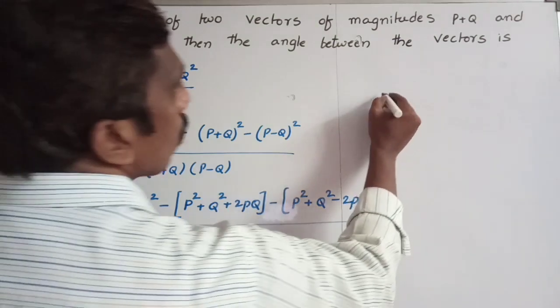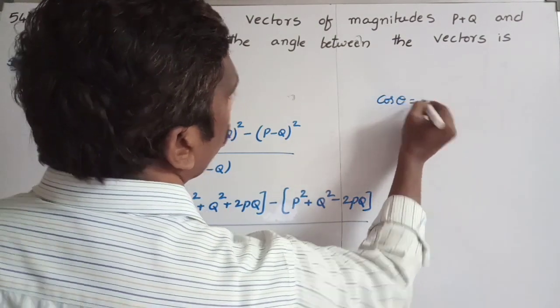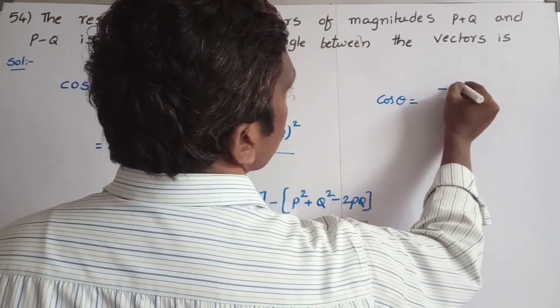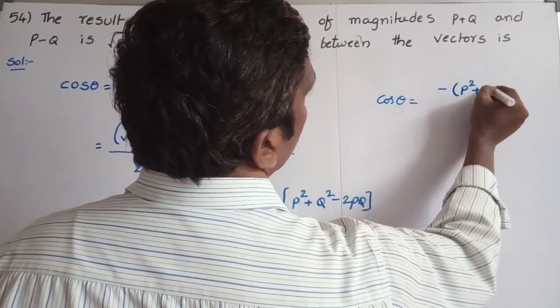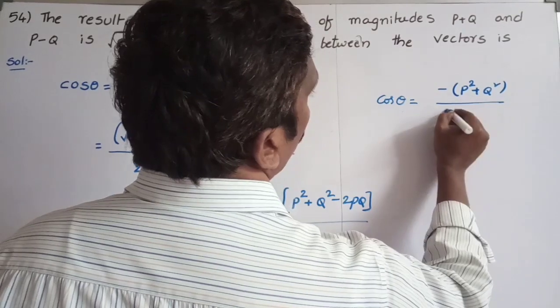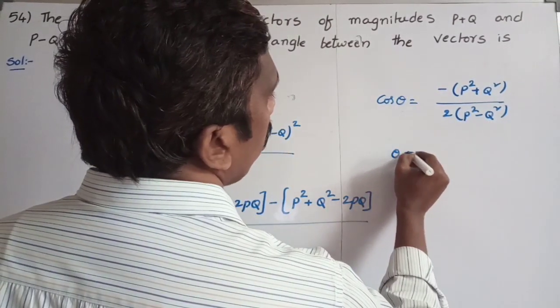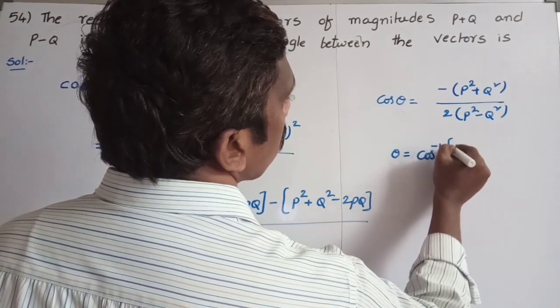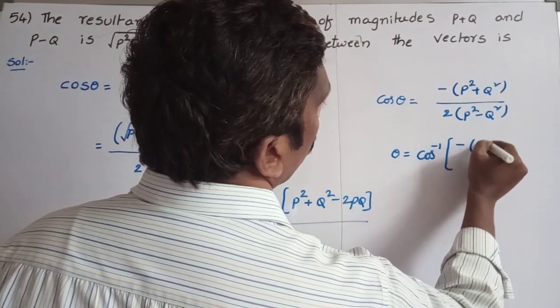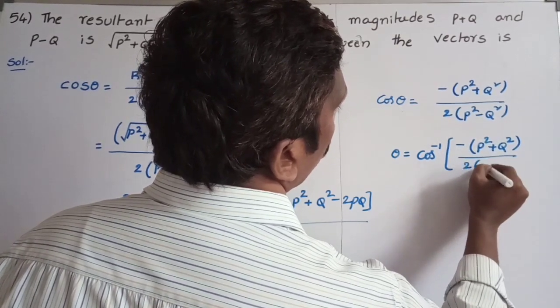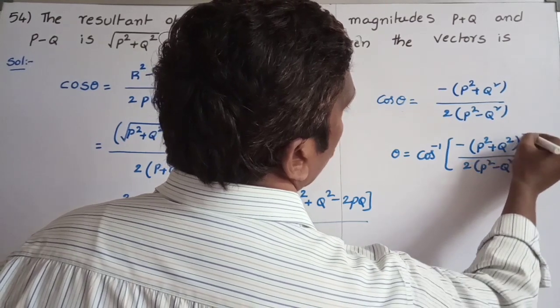Here P square minus P square and Q square minus Q square get cancelled, and minus 2PQ and plus 2PQ get cancelled. Finally, we get minus of P square plus Q square by 2 into P square minus Q square. From this, theta is equal to cos inverse of minus of P square plus Q square by 2 into P square minus Q square.